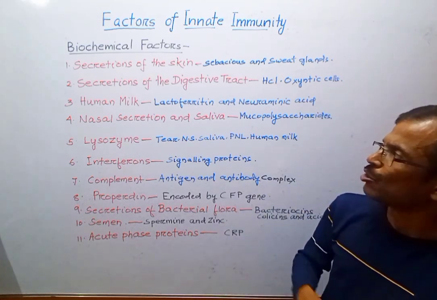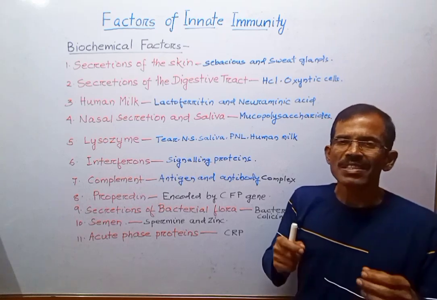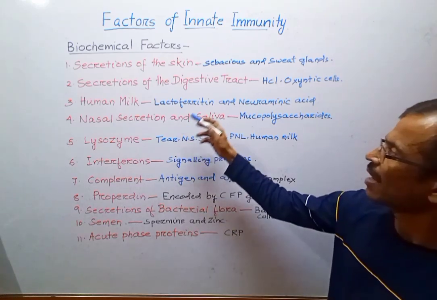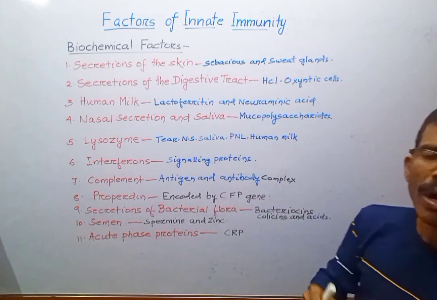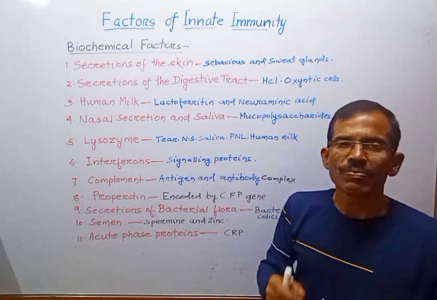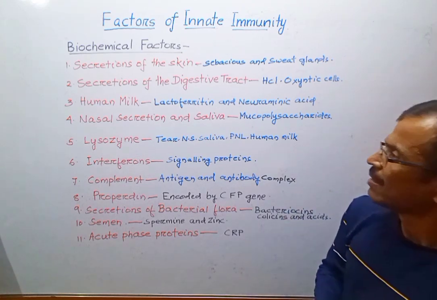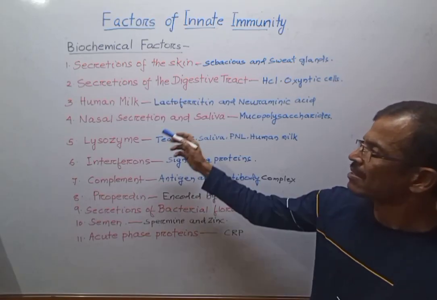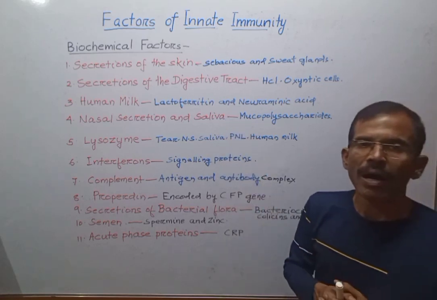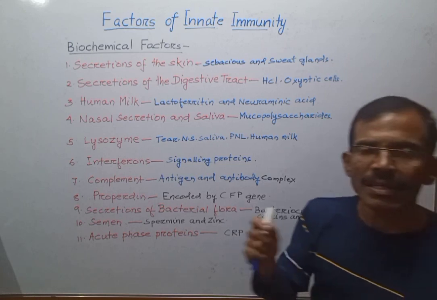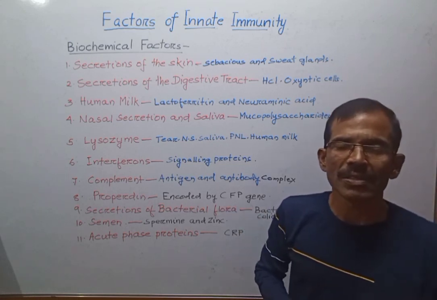Third factor is human milk, which is rich in antimicrobial substances such as lactoferrin and neuraminic acid, which fight against E. coli and staphylococci. And next one is nasal secretion and saliva, which contain mucopolysaccharides that inactivate certain viruses.